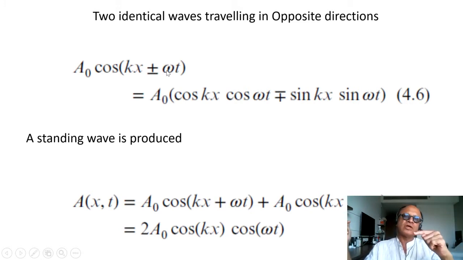One going to the right and one going to the left, and that obviously becomes cosine kx cosine ωt ∓ sine kx sine ωt. Together, if they are identical to each other, they can produce a standing wave, given by the form A0 cosine(kx + ωt) + A0 cosine(kx − ωt), which we wrote before as 2A0 cosine kx cosine ωt.